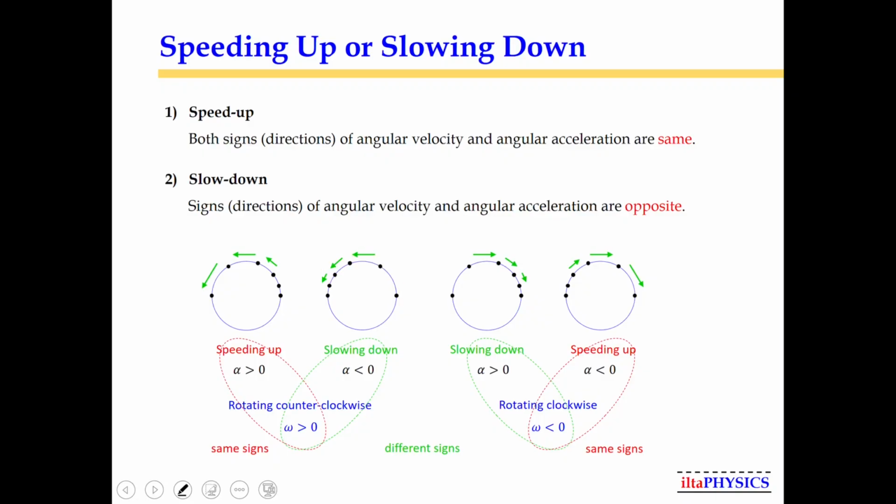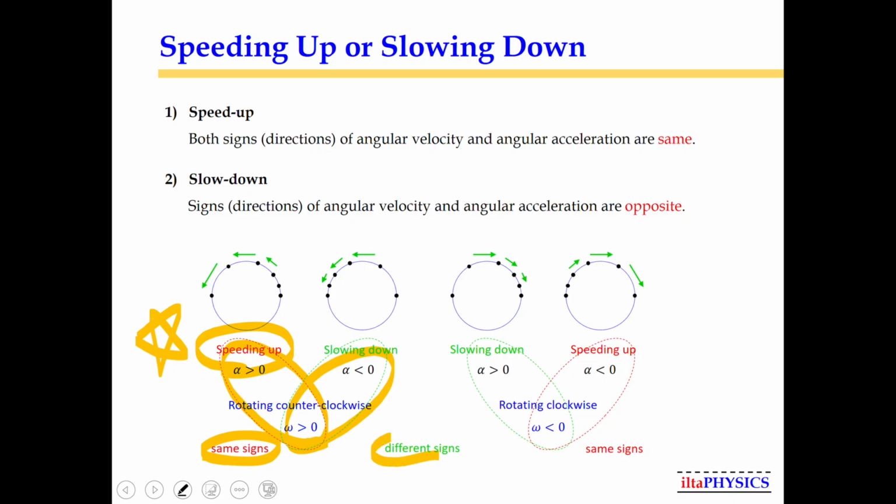In both cases, the direction of circular motion is determined by the sign of the angular velocity, which is positive here. Just like in linear motion, if the signs of angular velocity and angular acceleration are the same, it's accelerated circular motion, called speeding up. If the signs are different, it's decelerated circular motion, called slowing down.